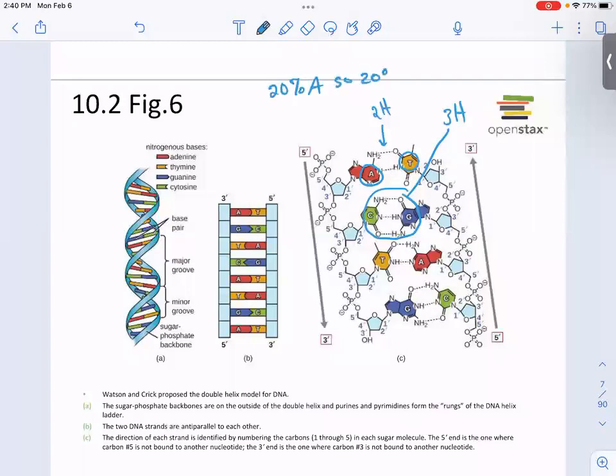So 20% would be thymines, and then that makes 40%. That means the guanines and the cytosines are going to add up to 60%. So there's going to be 30% C's and 30% G's.